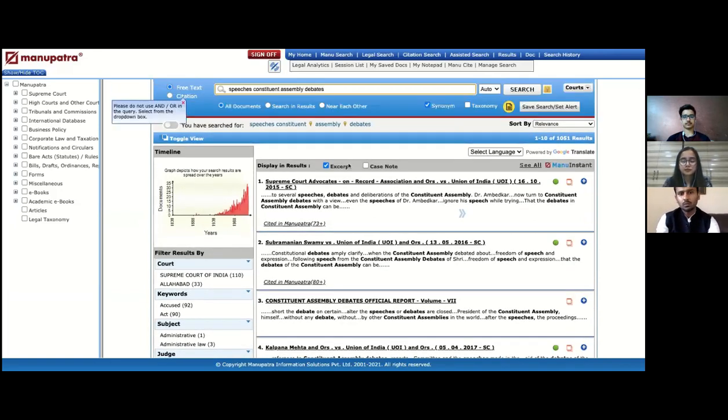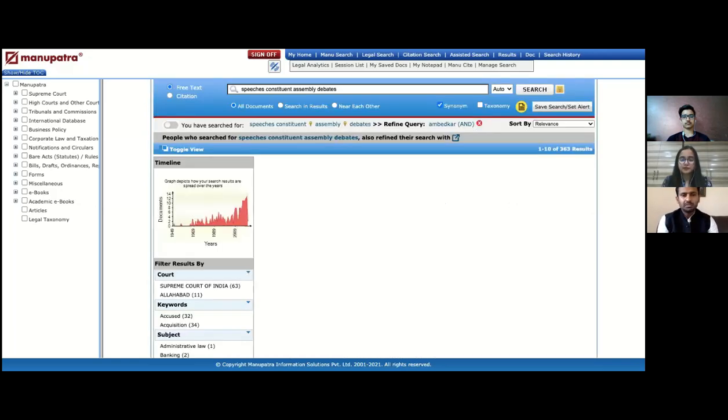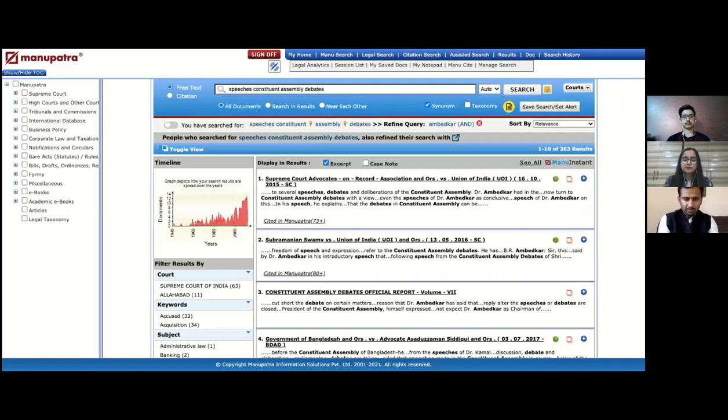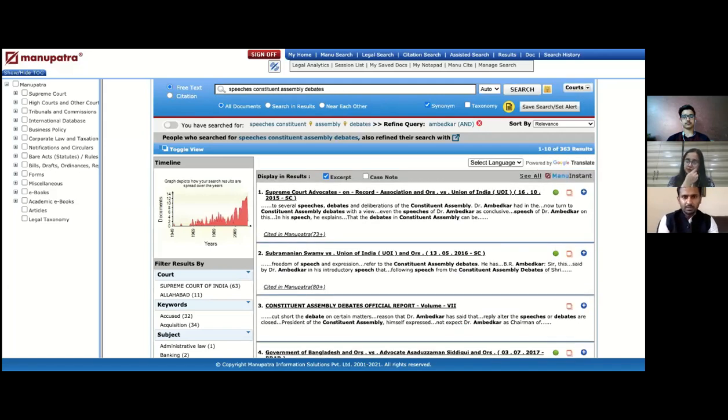So what I do is search in results, I start finding what I say, Ambedkar. For the purposes of my query, speeches made by Jawaharlal Nehru, B.R. Ambedkar, Sardar Vallabhbhai Patel were of utmost importance. Whatever speeches, whatever queries they replied to in the assembly, they formed a very important part of discussion.